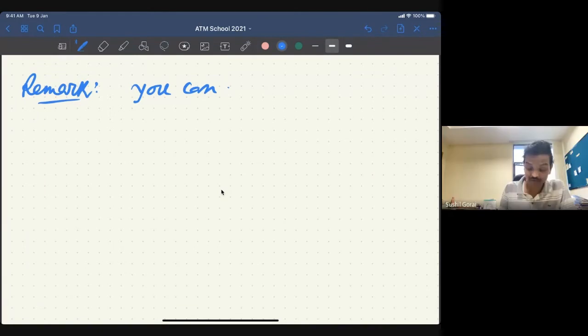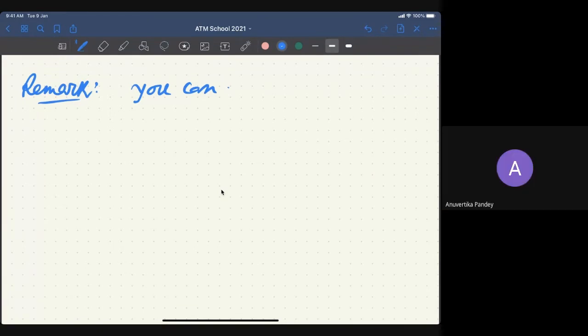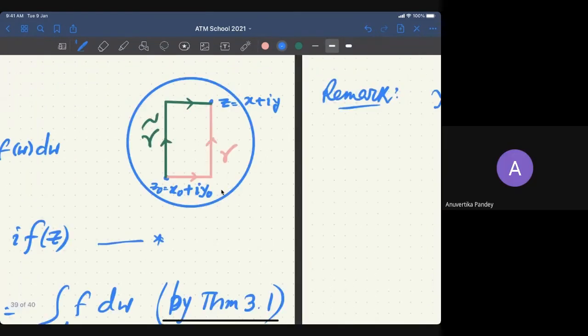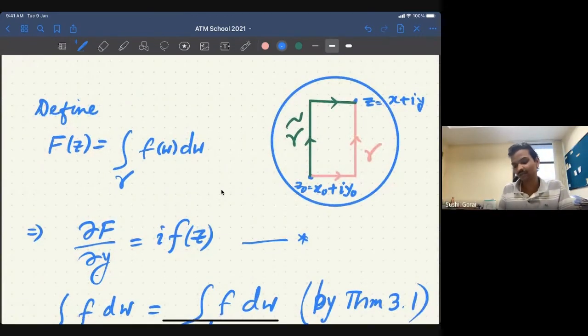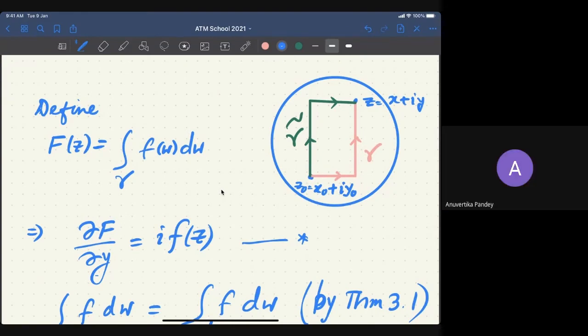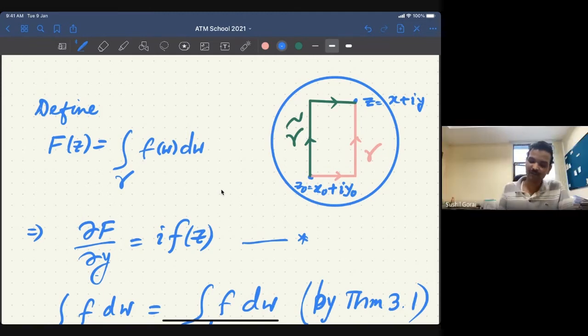You are joining those 2 points by just 2 line segments. In a circle you can do it, or inside the disk you can do it. Only 2. Well, if you need more, that is also not a problem, because on the rectangles, integration is 0.